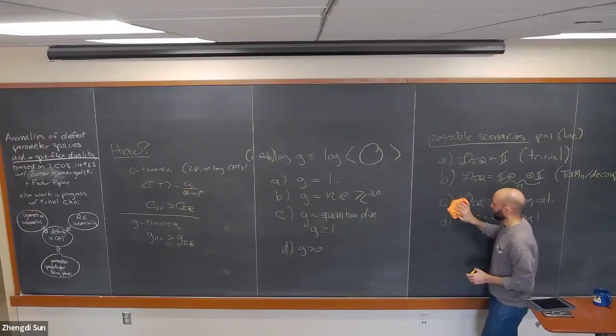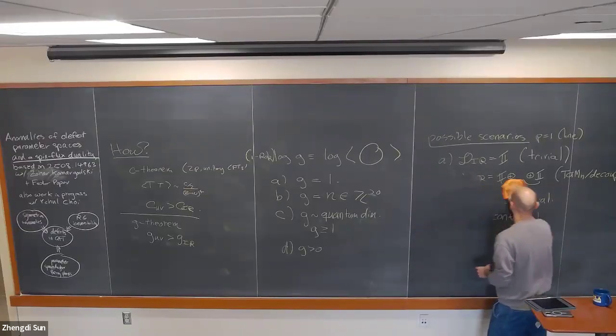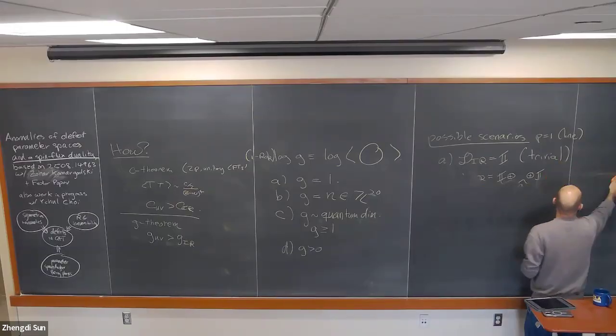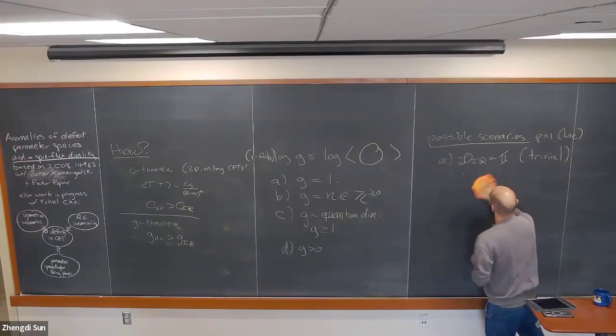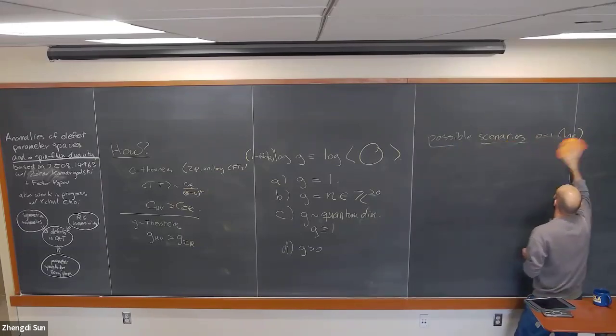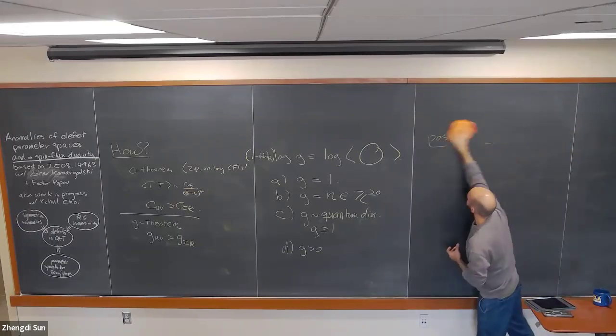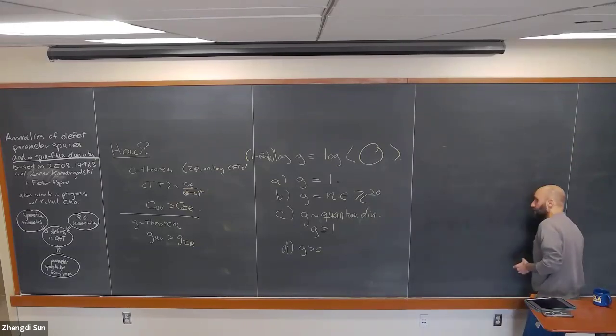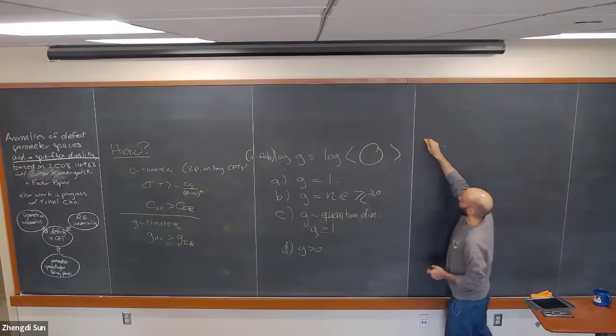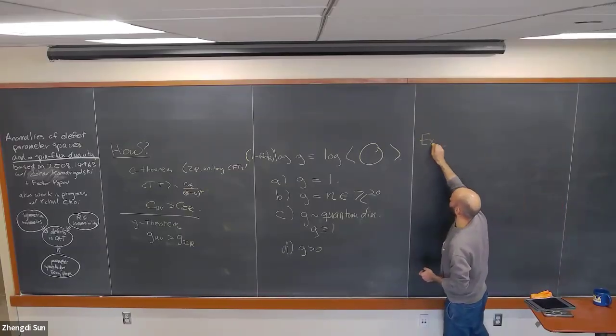Okay, so let me give you an example of how the G theorem can be used to constrain defect RG flows. So there's a general class of defects that are called pinning fields.